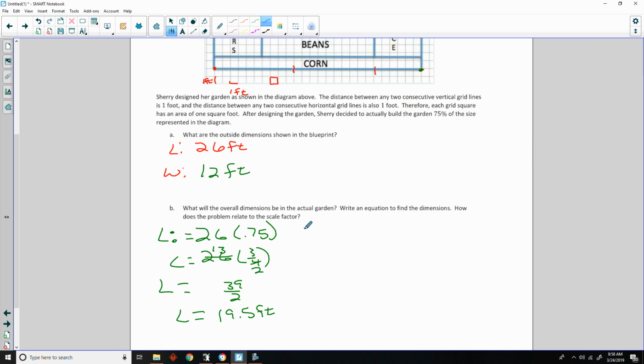So the width equals 12 feet times 0.75, which equals 12 times 3/4, and think of that as over 1. And that 4 will reduce the 12 to 3, so our width is 3 times 3, or 9 feet. Since the scale factor was given as 75%, each dimension of the garden would be 75% of the original. So the actual garden is going to be 19 and a half feet by 9 feet.